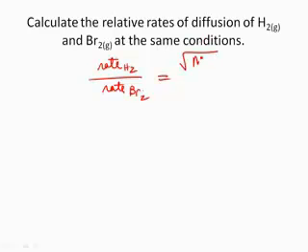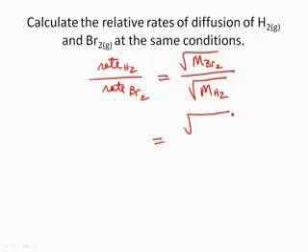So the square root of the mass of the bromine over the square root of the mass of hydrogen. So bromine is about 160 grams per mole, and hydrogen is about 2 grams per mole.